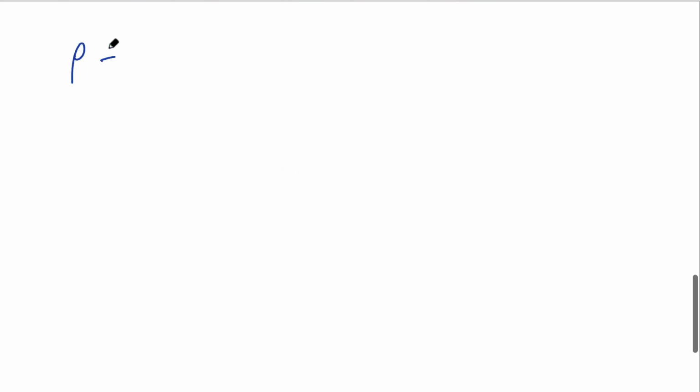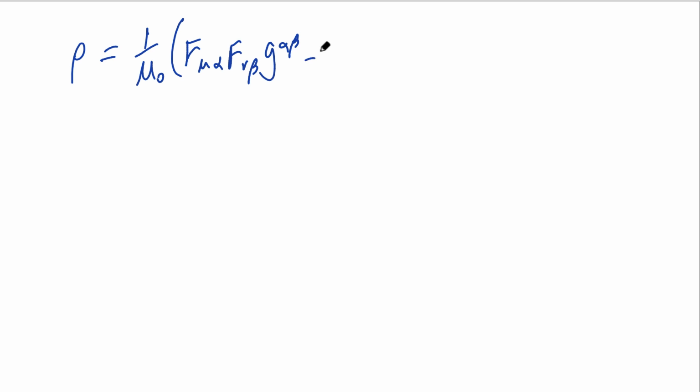So we have rho is equal to the stress energy momentum tensor, that's 1 over mu naught, the permeability of free space, times F^{mu alpha} F^{nu beta} g_{alpha beta} minus 1/4 F^{alpha beta} F_{alpha beta} g^{mu nu}, times u_mu u_nu.